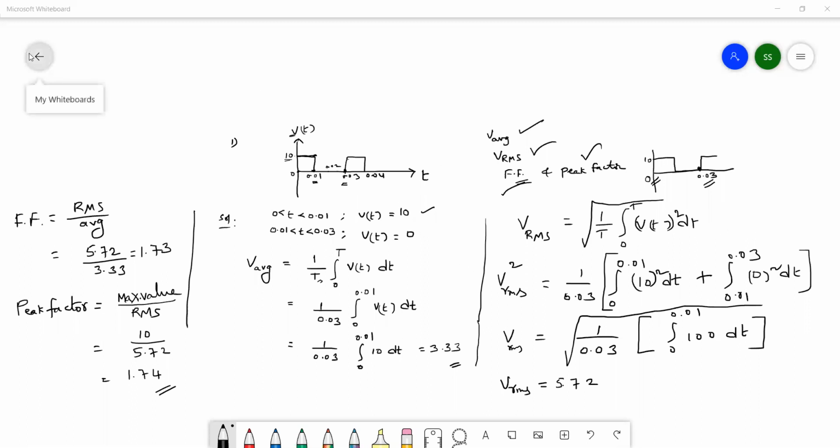Shall I move on to the next page? If completed, note down another problem.